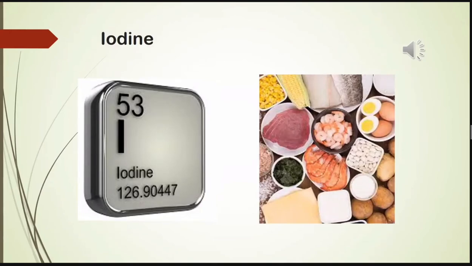First up is iodine. Iodine has the atomic number 53 with approximate atomic weight of 126.9. On the right are food sources that are rich in iodine.